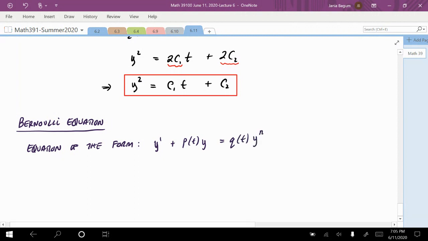So here n is the power, it's not the derivative, okay? So it's only y prime that is the derivative. Now, this is the form of a Bernoulli equation.